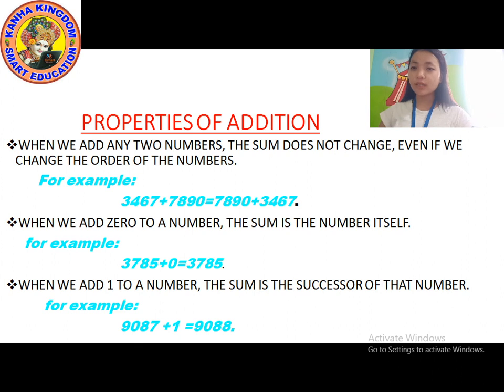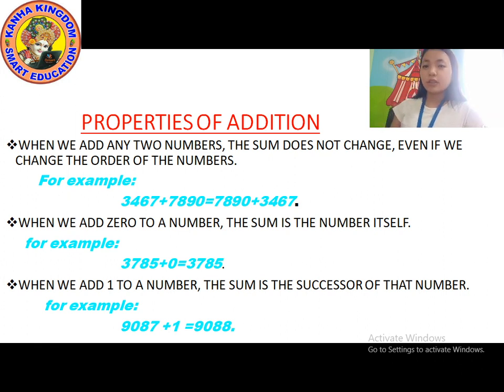Yes, if we add 0 to 5, we will get 5. That means when we add 0 to a number, the sum is the number itself, right? Because we got 5 as the sum, that is the number itself.